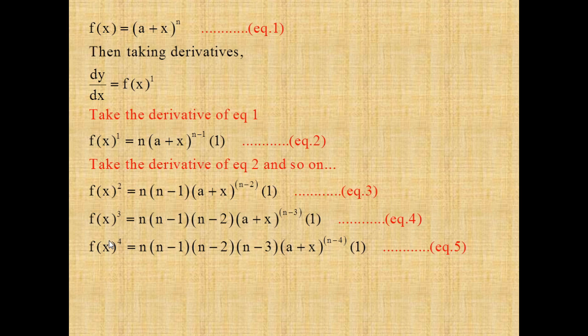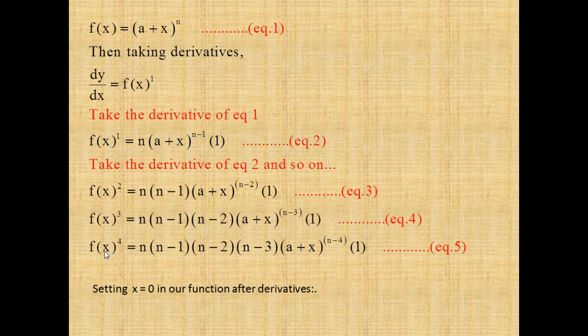Then we take the fourth derivative, and we come up with n times n minus 1 times n minus 2 times n minus 3 times a plus x raised to the power of n minus 3 minus 1, which gives us minus 4.